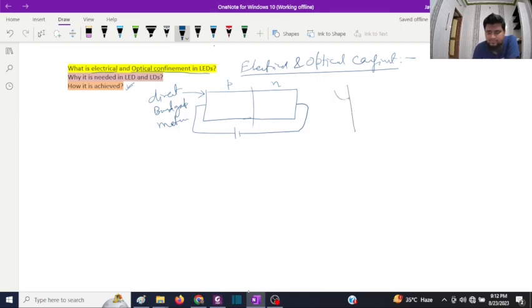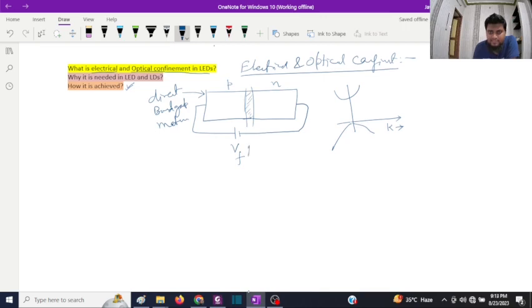Of course, the material should have the minima of the conduction band and the maxima of the valence band lying at the same momentum vector k value. If this is the case, then it is suitable for LED application. Even when the forward bias is equal to 0, you will have some barrier potential and a junction region.